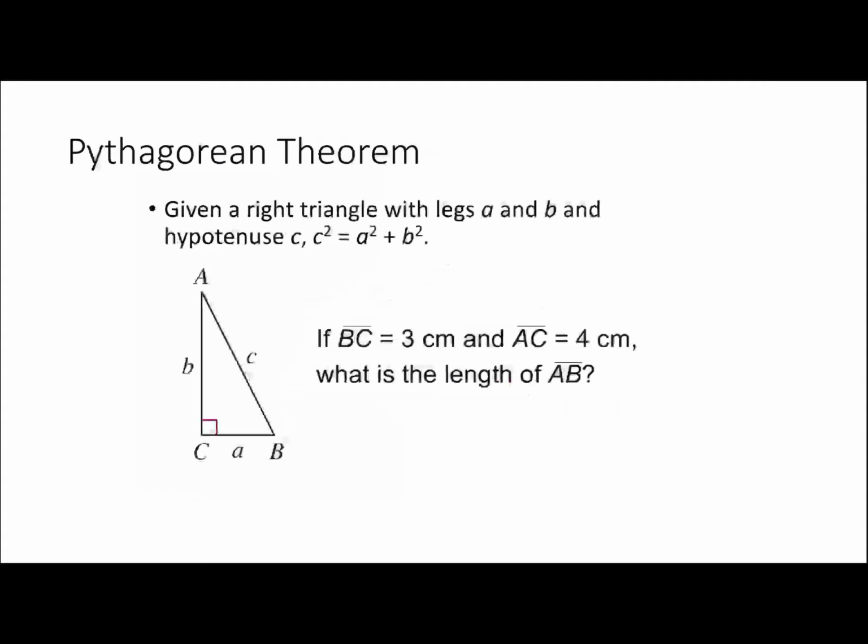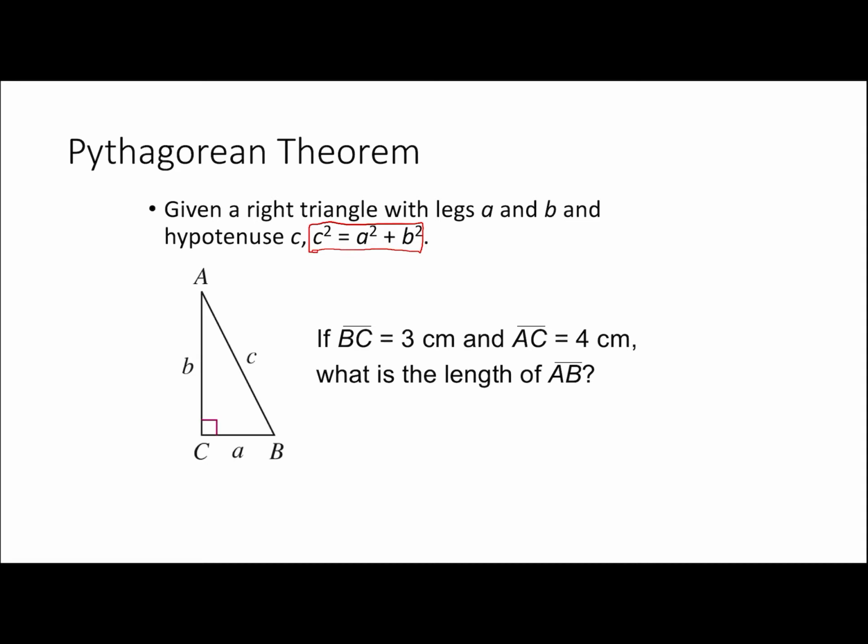That is the Pythagorean theorem. You need to make sure you know this. It's probably the most famous theorem that we use in geometry. Most everybody has at least heard of it. A squared plus B squared is equal to C squared.